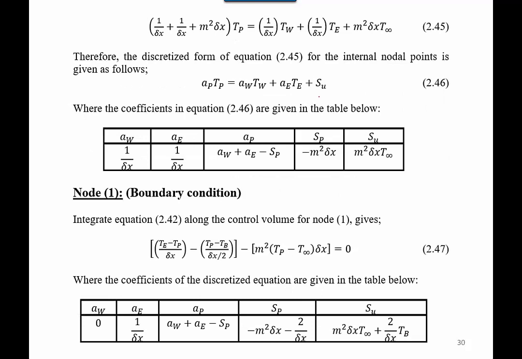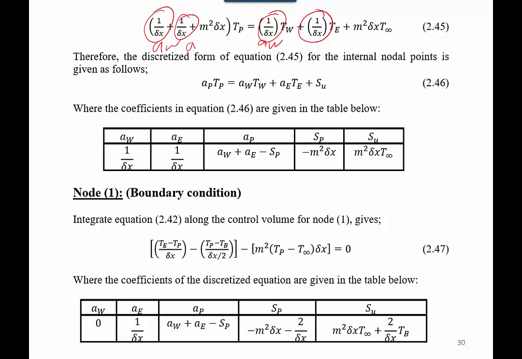Rearrange it and put all the parameters multiplied by Tp on the left side, and all the rest of the parameters on the right side. So again, this looks like this. It has to be the same shape. This is A west, this is A west, and this one is the same as this one.